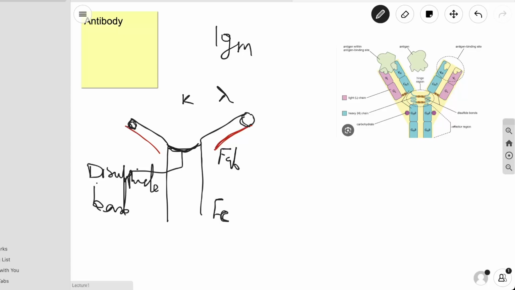So this glycoprotein consists of protein and carbohydrate chains linked together. Look at this beautiful diagram. Look at the carbohydrates in this area. So we can say the carbohydrates are located at this region, linked together to the protein.